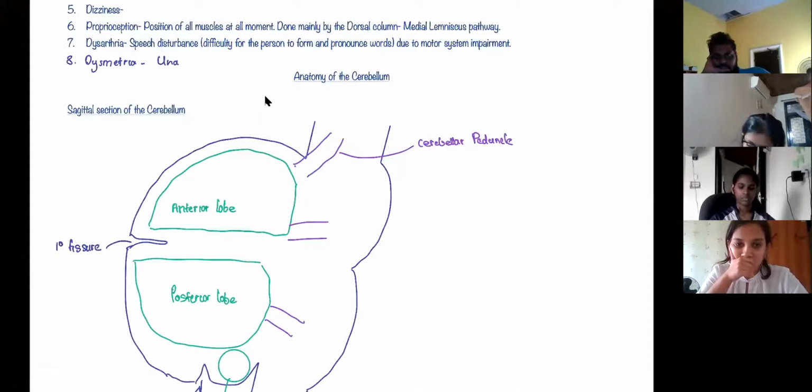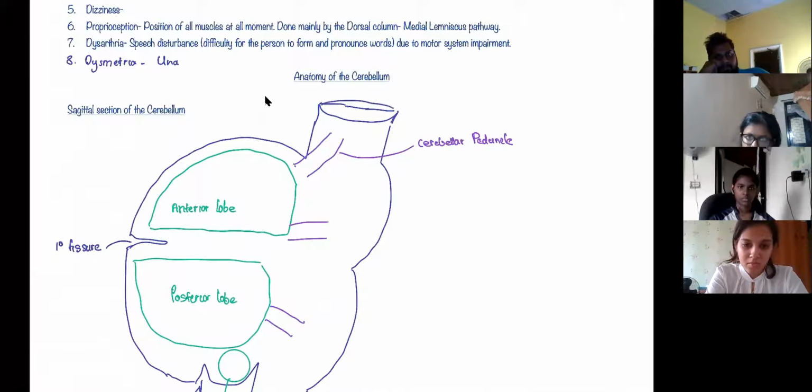At the top of the midbrain, we have the cerebral peduncle. So there's the superior, middle, and inferior cerebellar peduncle.